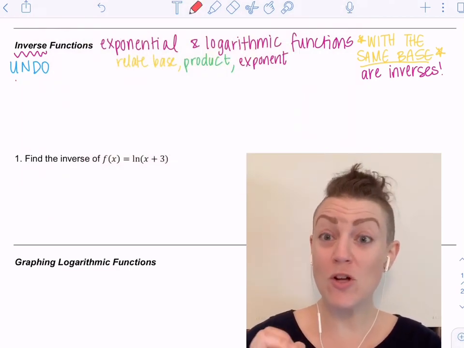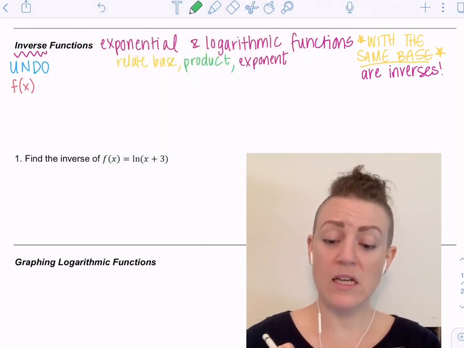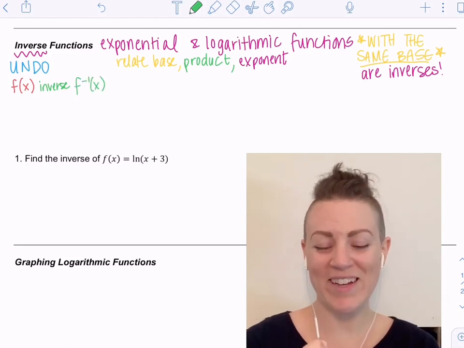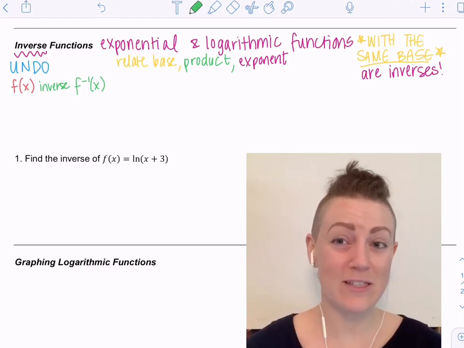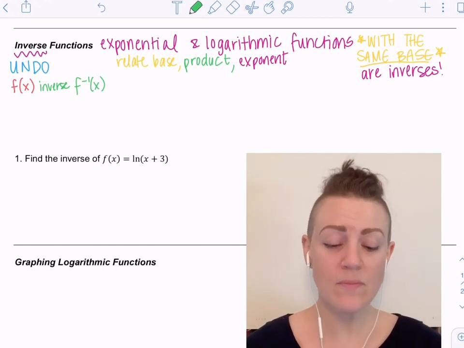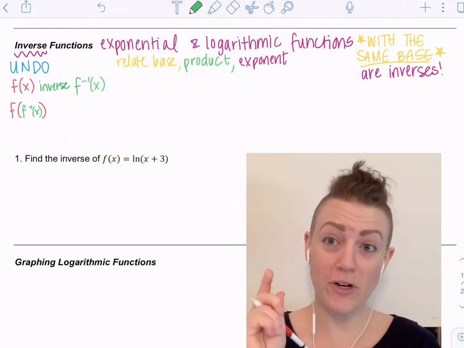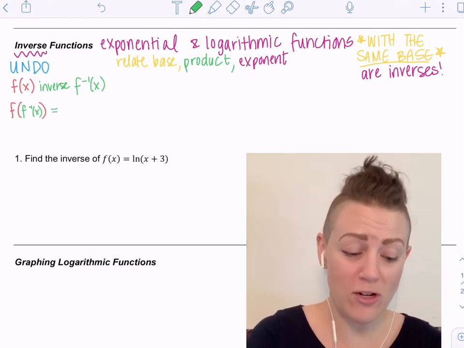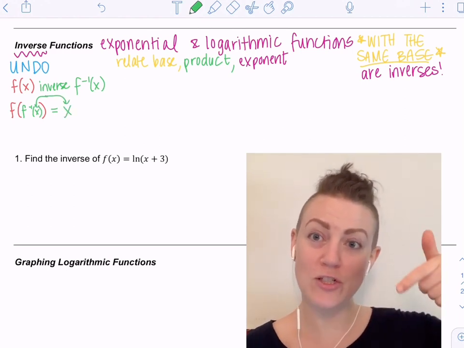We use function notation, so if we have f of x, its inverse would be written f inverse of x. And remember, that's tricky. That little tiny -1 is not a -1 exponent in this context. It's just a way of saying f inverse. And we saw that if you do f of f inverse of x, or the other direction, f inverse of f of x, you just get out what you started with. You get out your original input because those two functions undo each other.